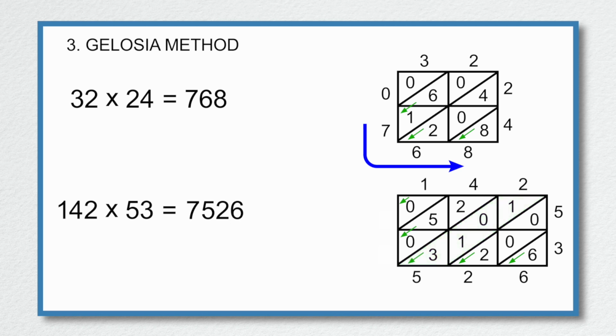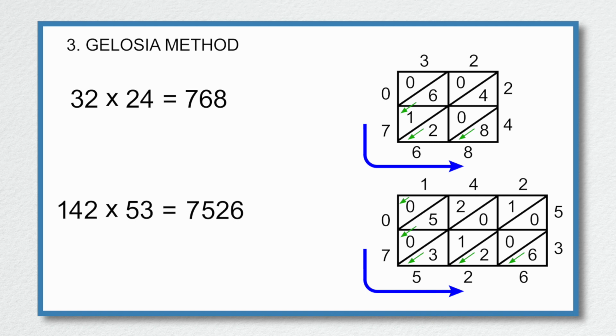The next diagonal is 0 add 5 add 2, which is equal to 7. And of course, we've got nothing in the final diagonal. And again, if you read the digits following the blue line, we end up with the answer 7,526. So that's the Gelosia method.